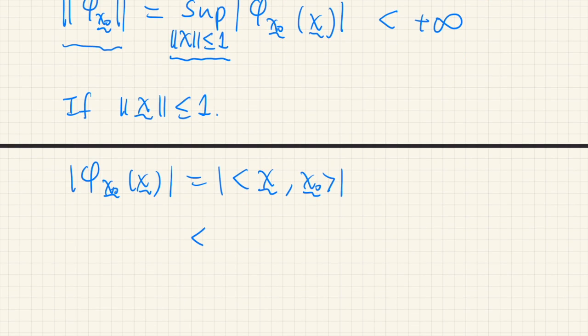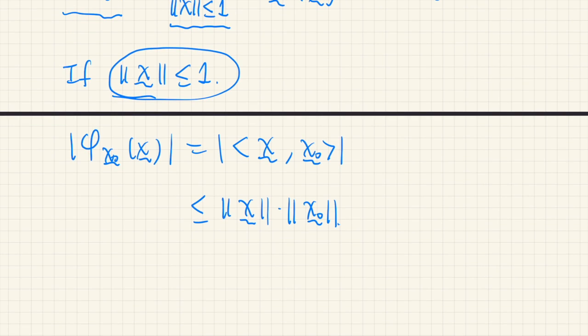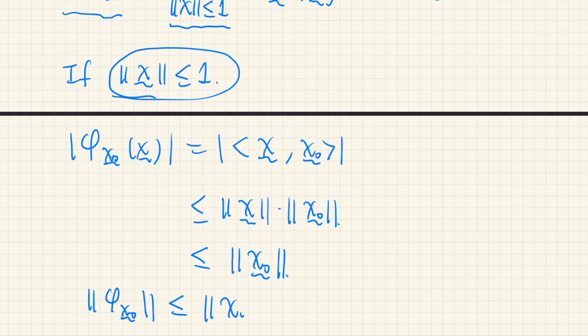Now using the Cauchy-Schwarz inequality, we have the norm of x times the norm of x0. But here we have this condition, so this is less than or equal to the norm of x0 alone. So this implies the norm of phi x0 is less than or equal to the norm of x0.